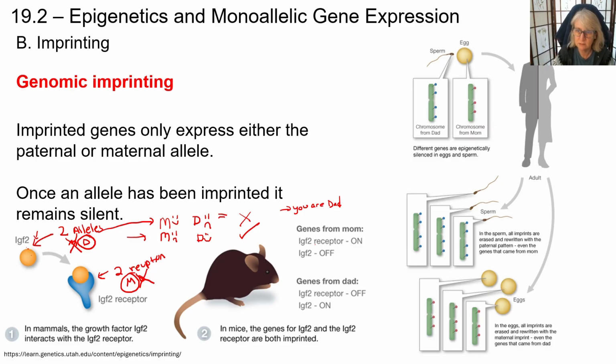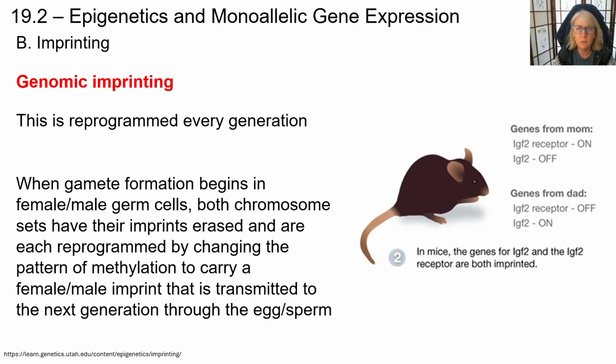This is also a really, really big problem when we talk about things like IVF and trying to understand how to do artificial reproduction, because we don't necessarily pass on all of those genetic imprinting codes in the way we think. We sometimes have problems with children developing during IVF because they didn't get the right imprinting instructions, because this is reprogrammed every single generation.